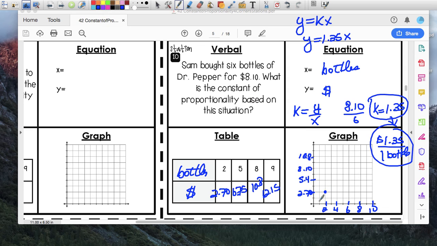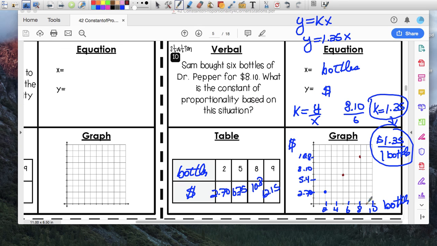That becomes right here. This is my bottles. This is my money. 4 bottles I don't have, but I have 5. 5 is going to be here between 4 and 6, and that's going to be about here. What's 5 bottles? 6.75, which is about here. Yep. 8 bottles is 10.80, which is right here.